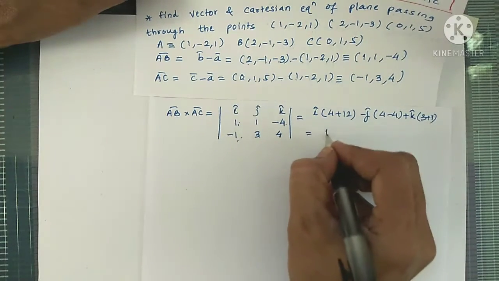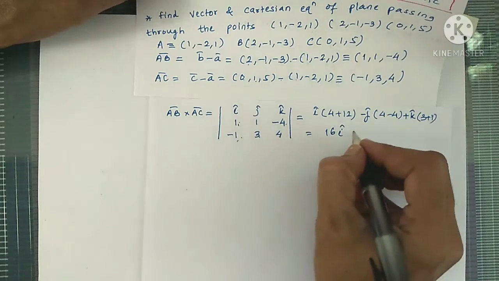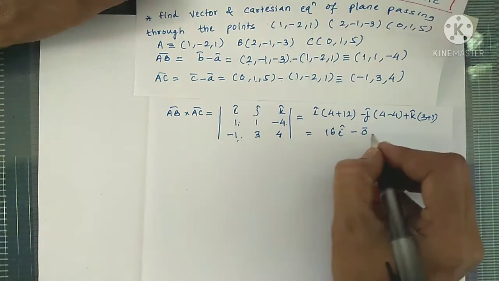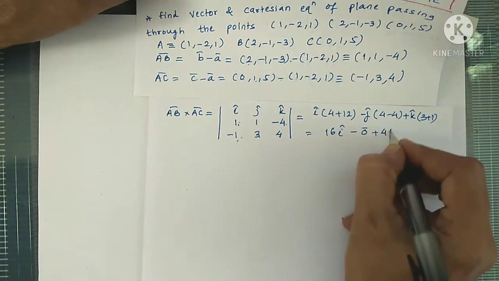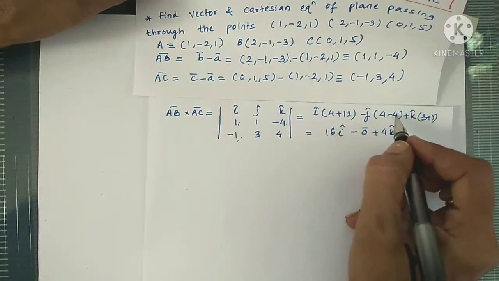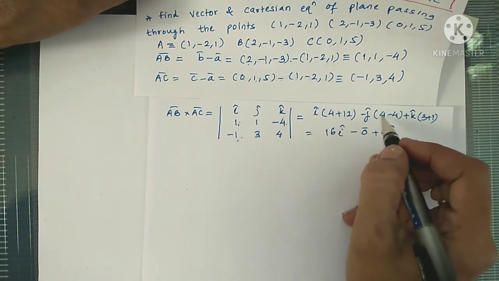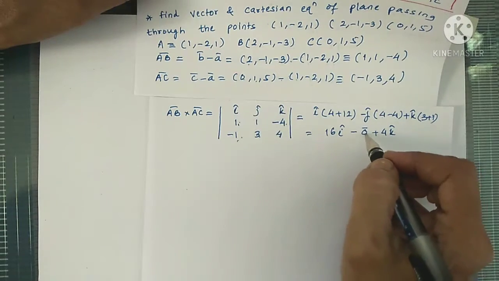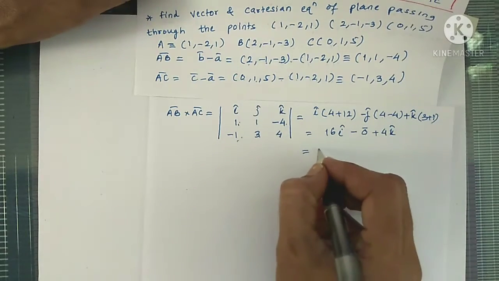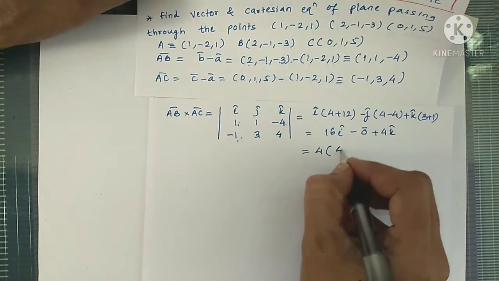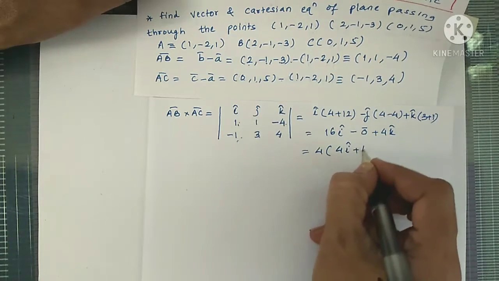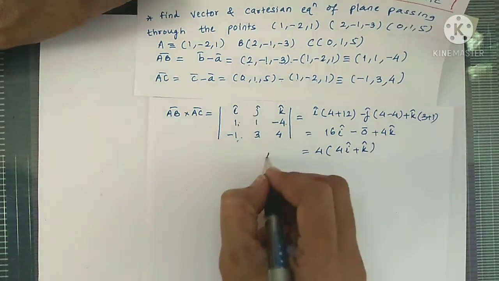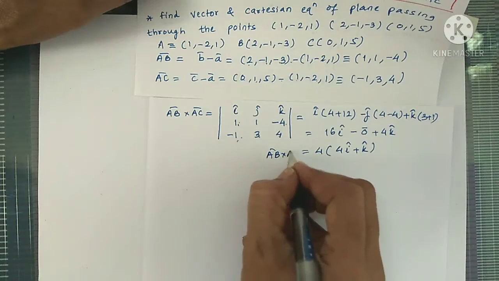So this is 16 i cap minus 0 bar plus 4 k cap. 4 minus 4 is 0, but we are multiplying 0 by a vector, so that becomes the 0 vector. Let's take 4 common. So this is 4i plus k, which is AB bar cross AC bar.